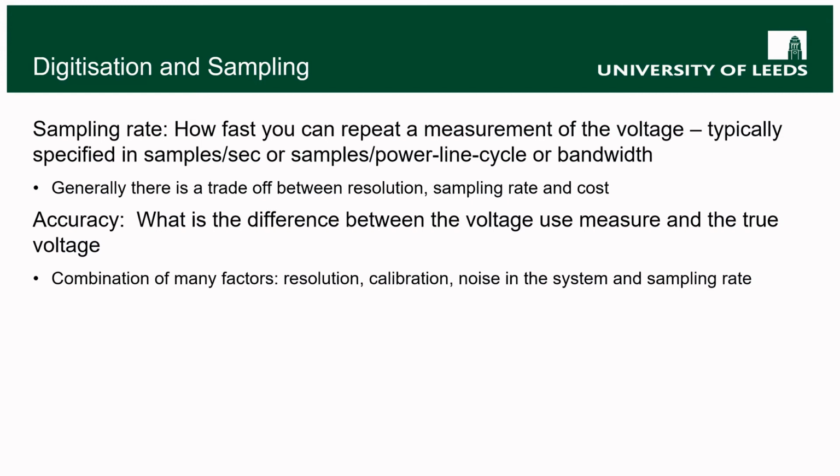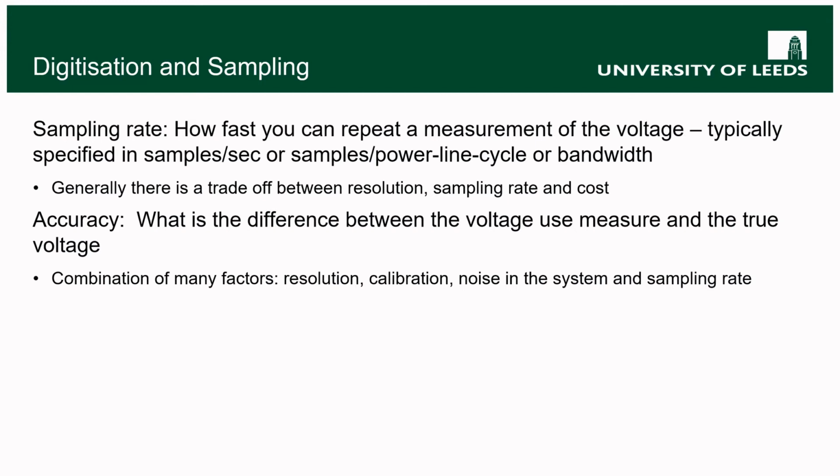And then finally, you want to think about the accuracy. So what's the difference between the voltage you measure and the true voltage? Now that ends up being a combination of many factors. So things like the resolution, obviously, but also calibration of your system, as well as noise, and also factors involving the sampling rate.